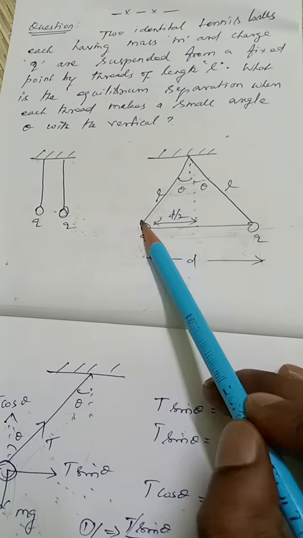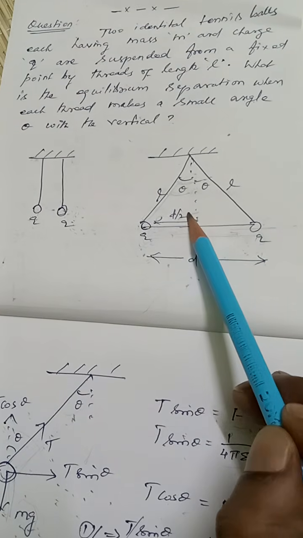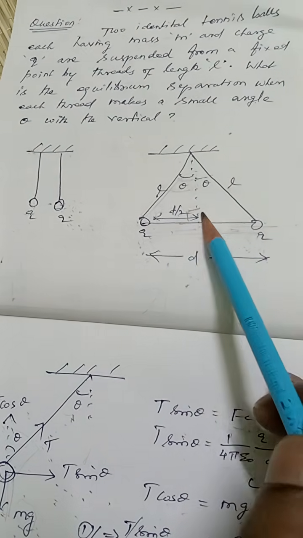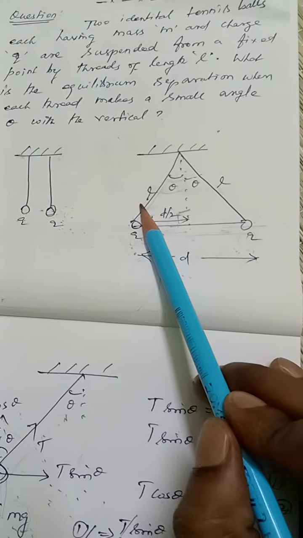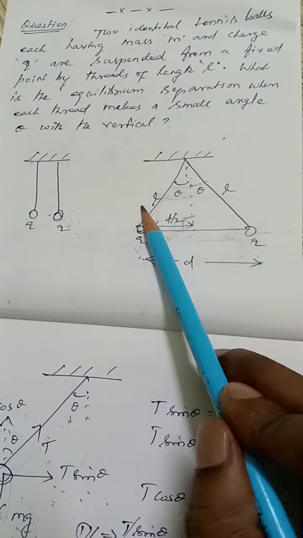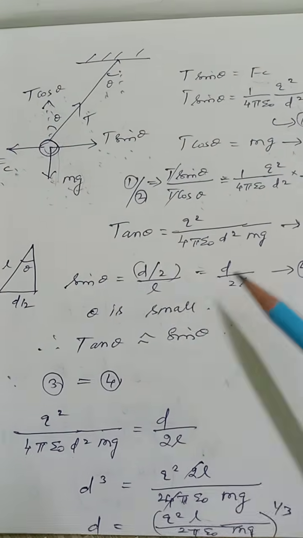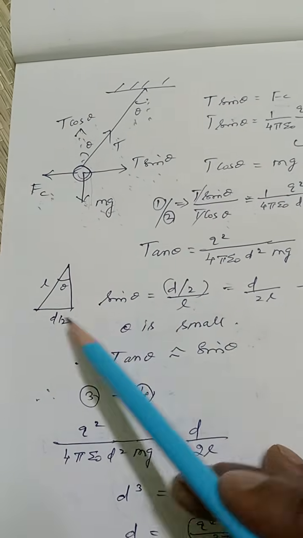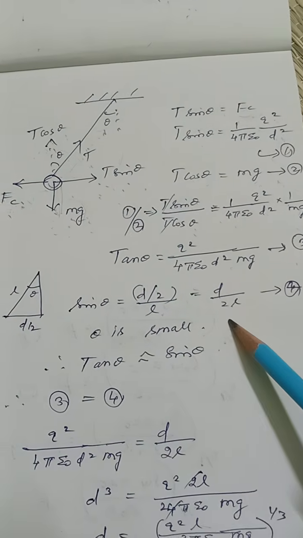This side is the hypotenuse because the 90 degree is here; hypotenuse is opposite to the 90 degree. So opposite side by hypotenuse, d by 2 by l, this is sine theta. So sine theta equal to d by 2l.